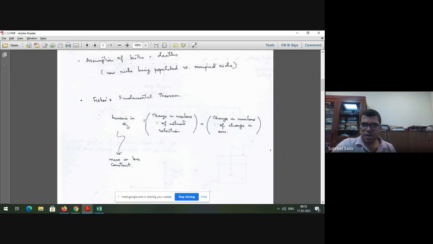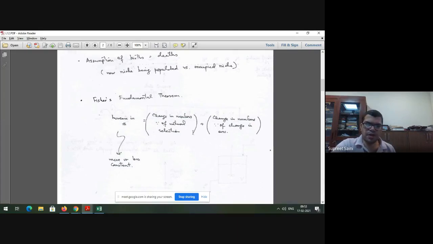If you look at Fisher's fundamental theorem quantitatively in any population genetics textbook, most of the books are going to focus on this particular term, because this term describes the action of natural selection, which is the primary interest when you are studying evolution. So the left hand side and the second term on the right are more or less ignored.